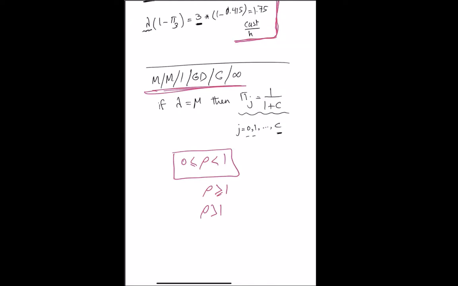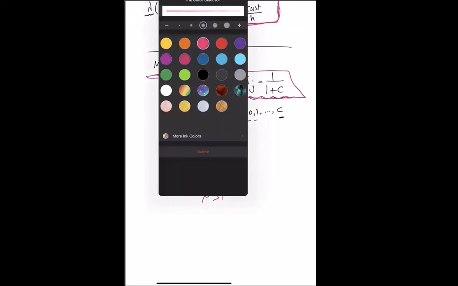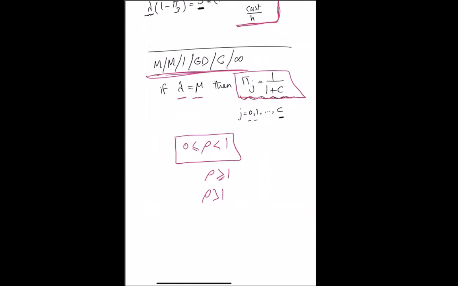If rho equals 1, then this will be the formula for pi j. Just write that in your formula sheet and put a box around it, and make sure to write it in your cheat sheet, because sometimes it may give you examples when lambda and mu are equal. Then in that scenario, you have to make sure to use this formula, which is going to be our next example.